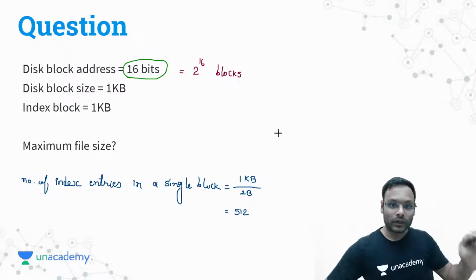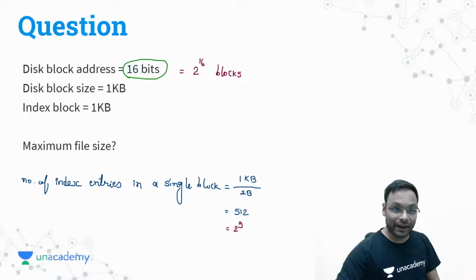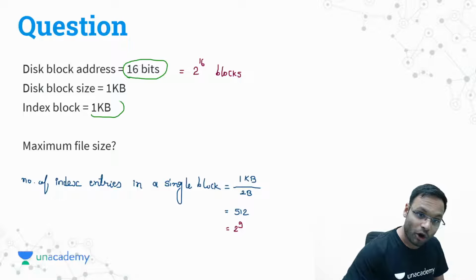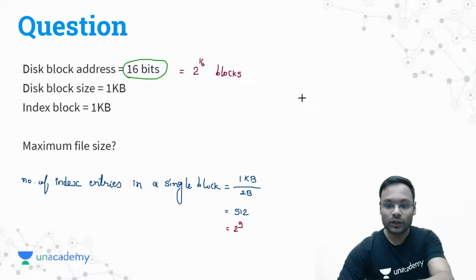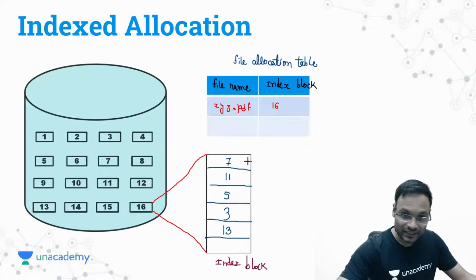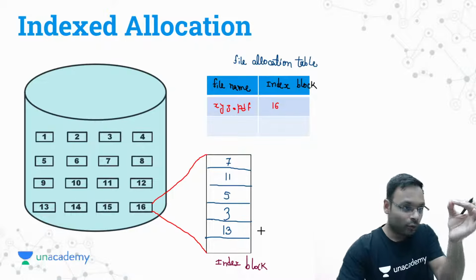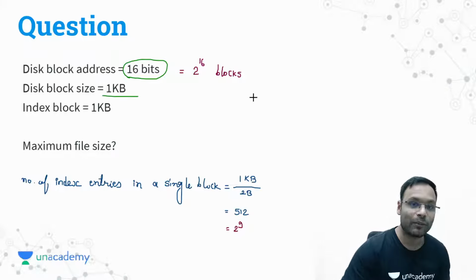So total 2 power 9 block entries you can keep. Fine. If within the single block only you have to keep all the blocks of the file, you can keep total 2 power 9 such entries. Each entry will be of one block, and one block will be of 1 kilobyte of data.